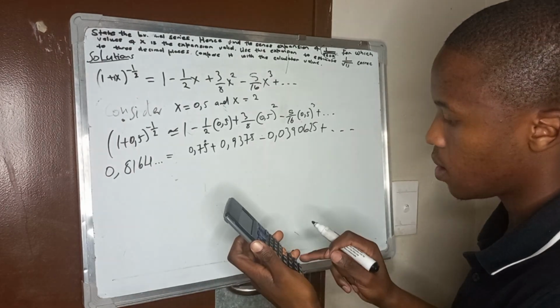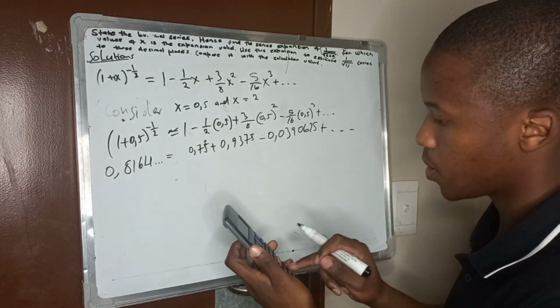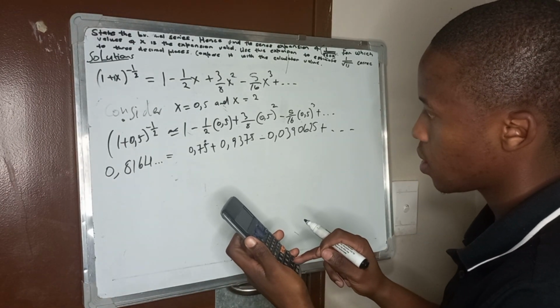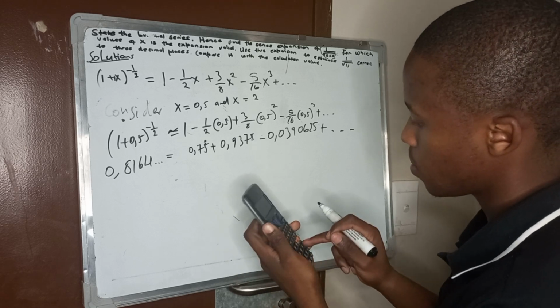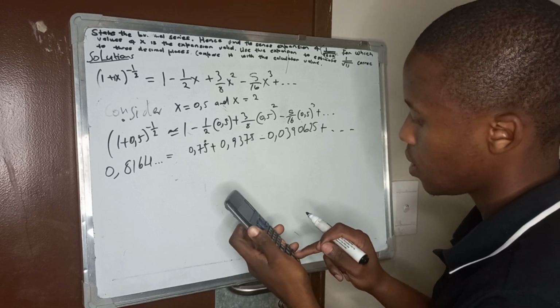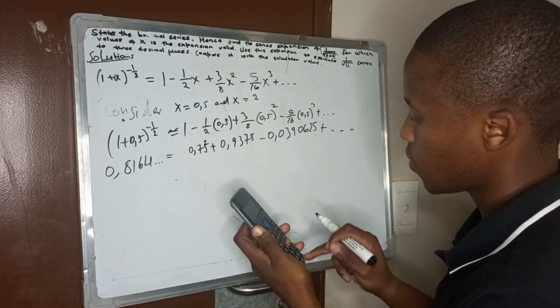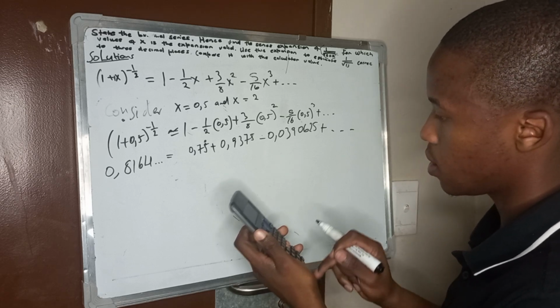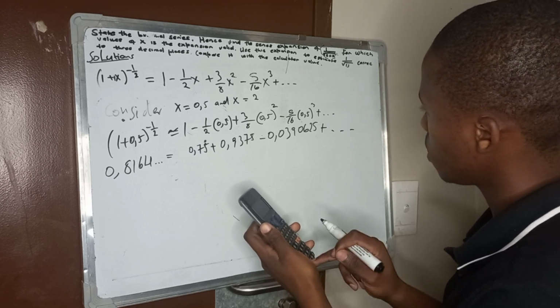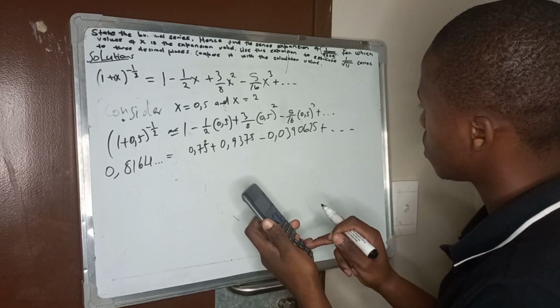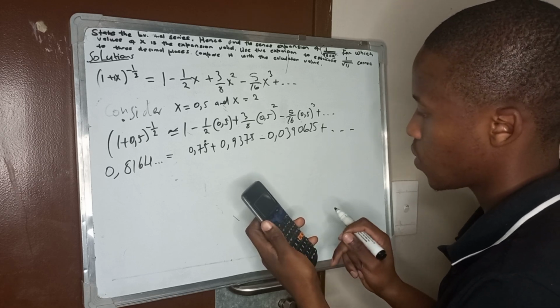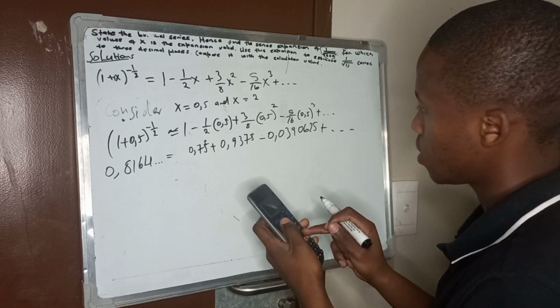So 0.75 plus 0.9375 minus 0.0390625. Let's see, what is it that we get?